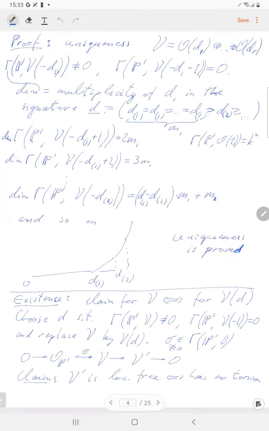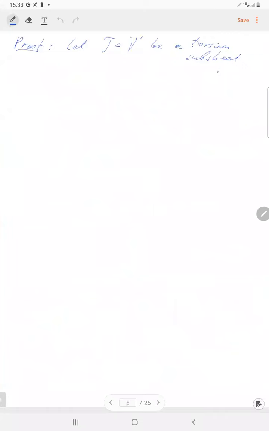Yeah, maybe let me call this also pi. Okay, then the pre-image of this torsion subsheaf is a subsheaf in V, and V has no torsion, right?